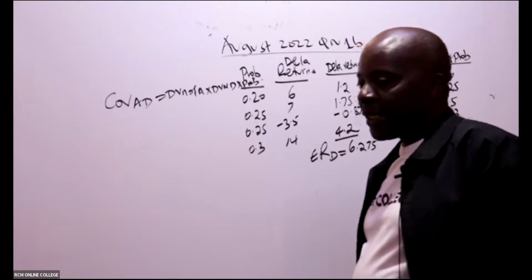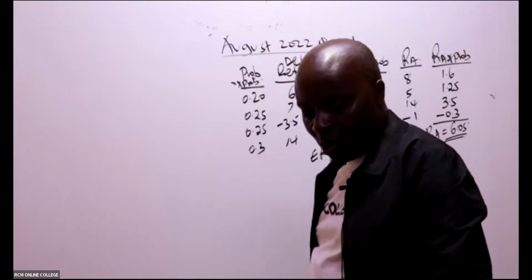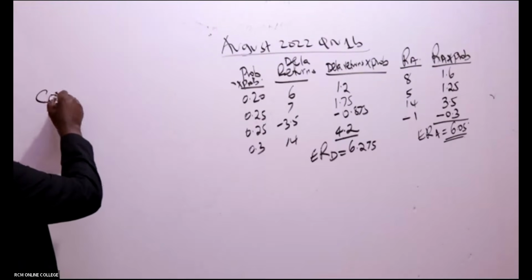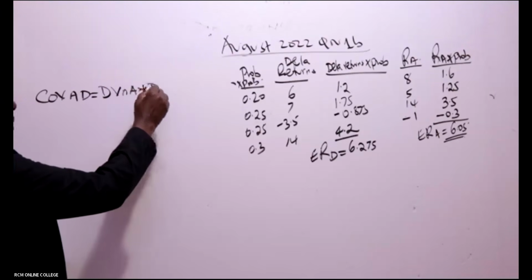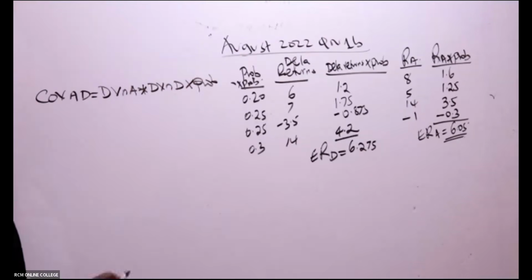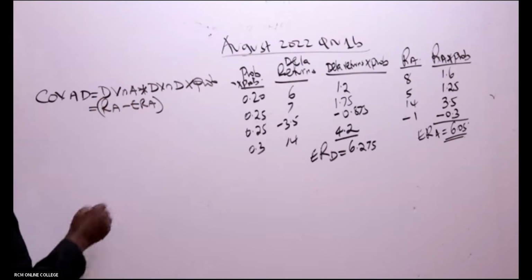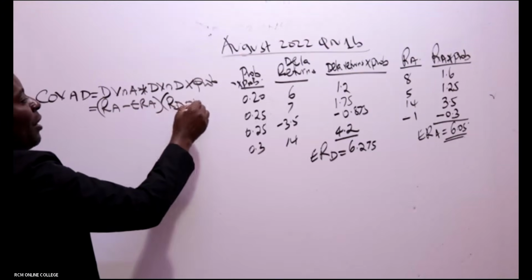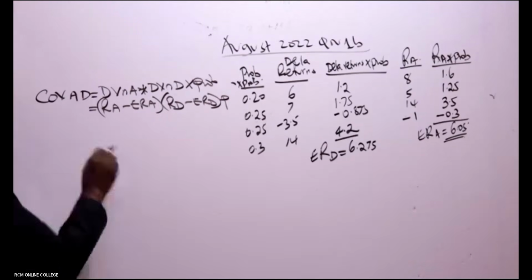So to get covariance between A and D, take the deviation of A multiplied by the deviation of D times probability. The deviation of A is returns of A minus expected returns of A. Deviation means subtraction. And then the deviation of D is returns of D minus expected returns of D. Whatever we get, times probability. And then we shall be able to sum.